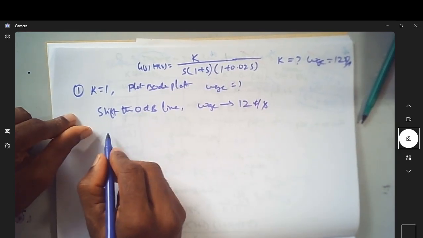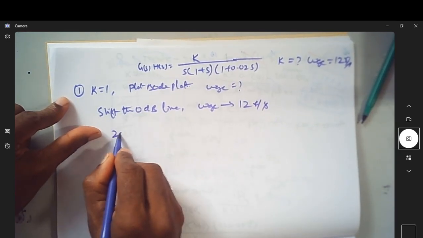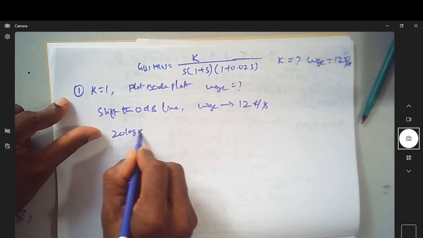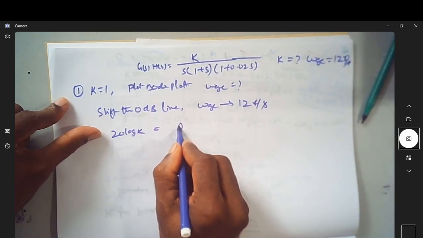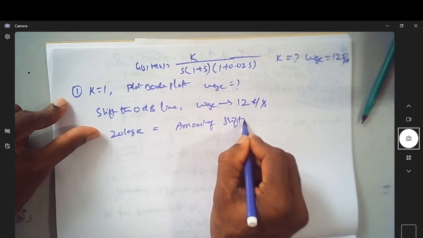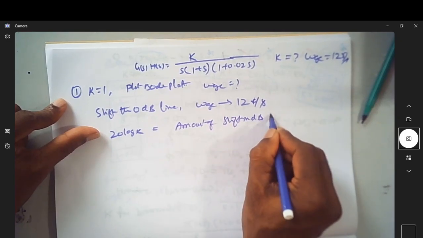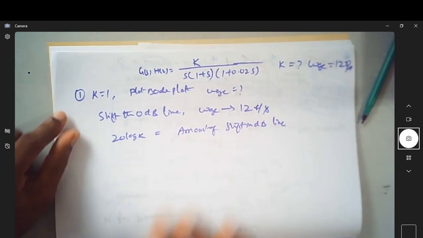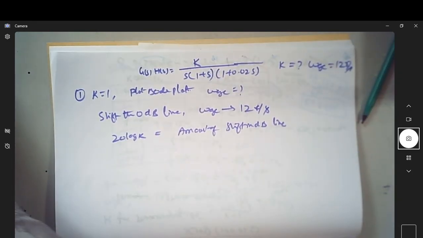You see the amount of shift. So 20 log k will be equal to the amount of shift in the 0 dB line. Let me do this problem and try to find out.